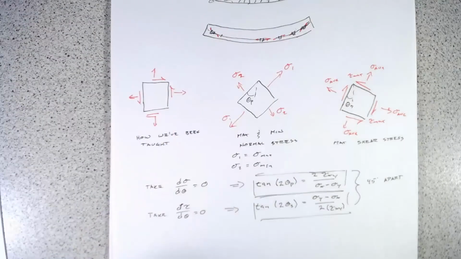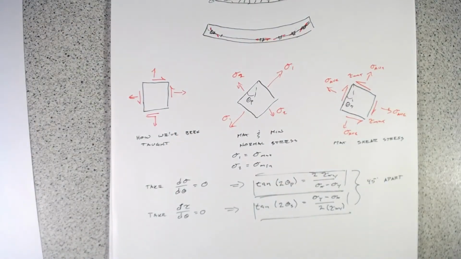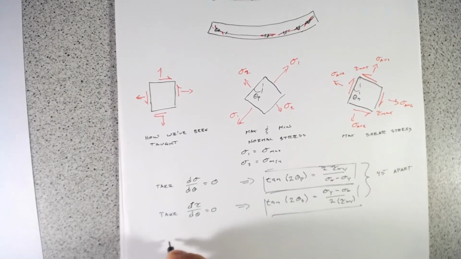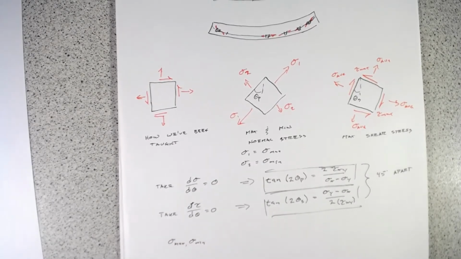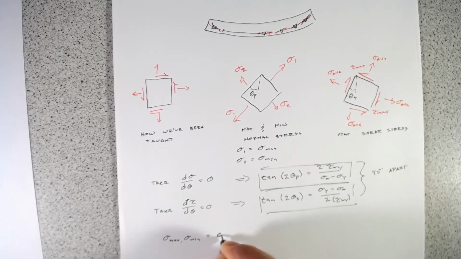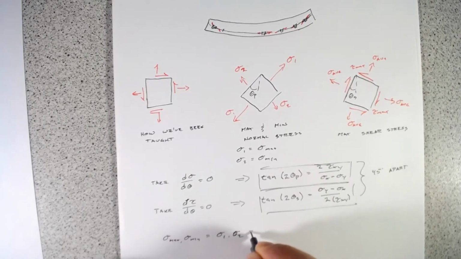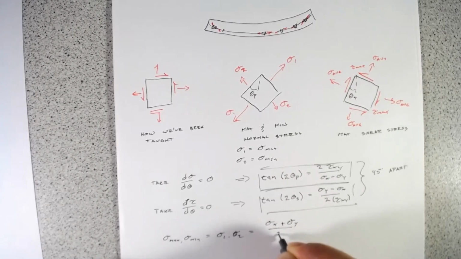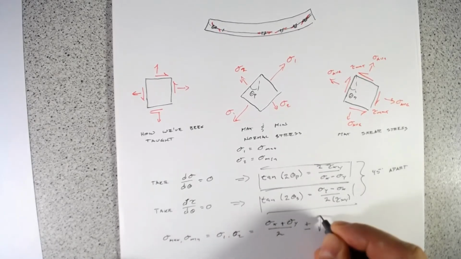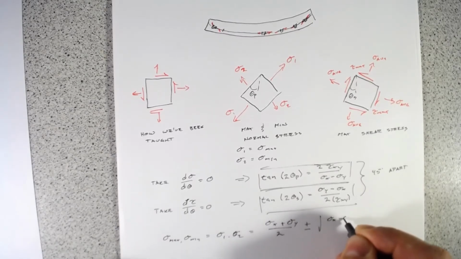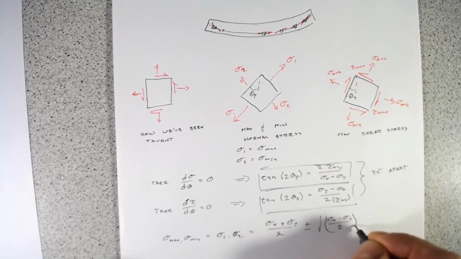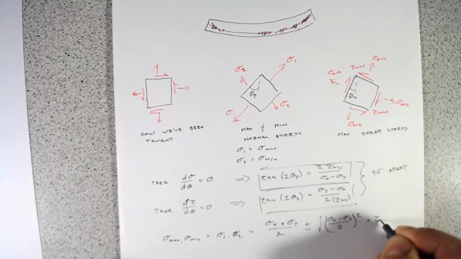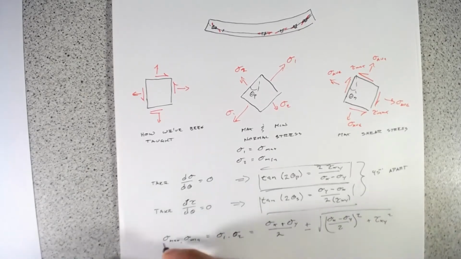And if we do that, what we end up with is sigma max, sigma min, and that's just going to equal sigma 1, sigma 2 equals sigma x plus sigma y divided by 2 plus or minus the square root of sigma x minus sigma y over 2 squared plus tau xy squared.